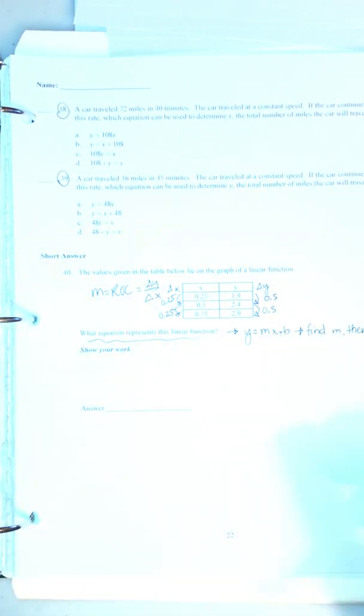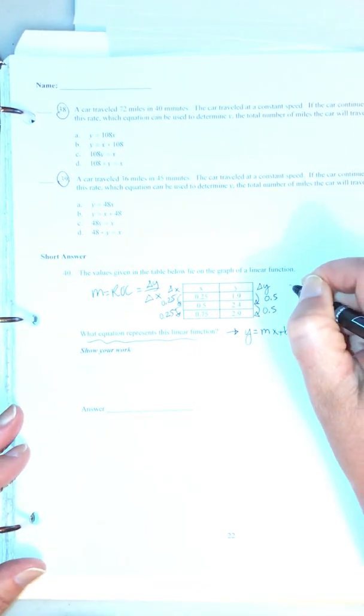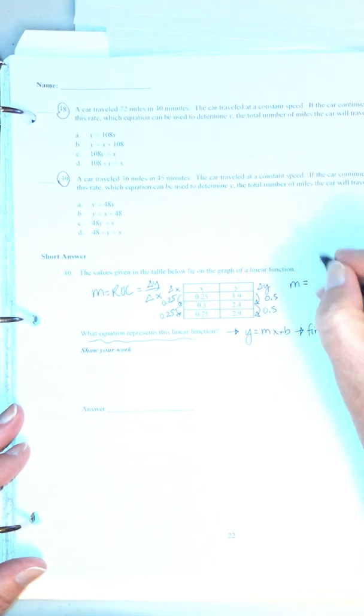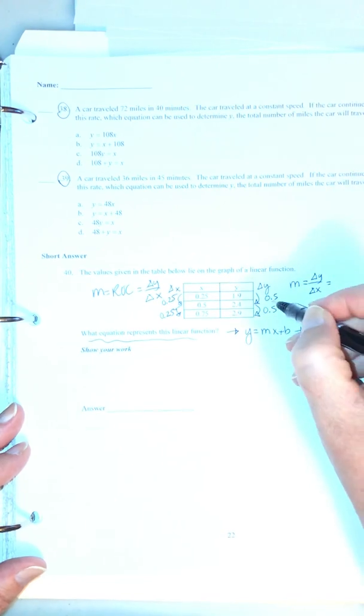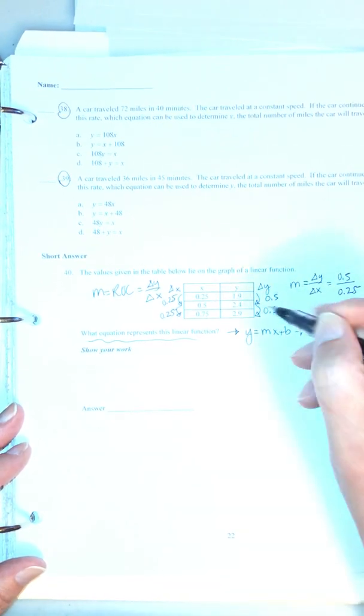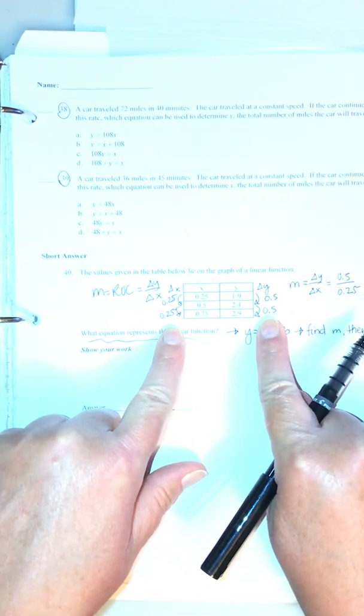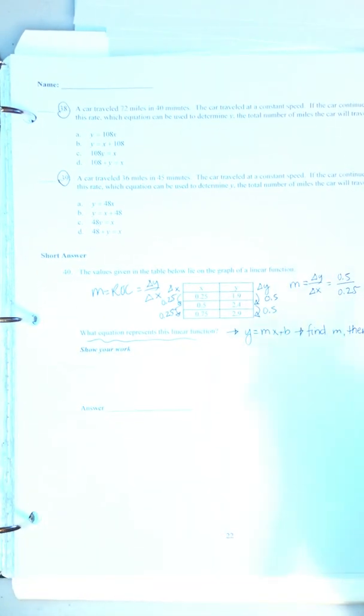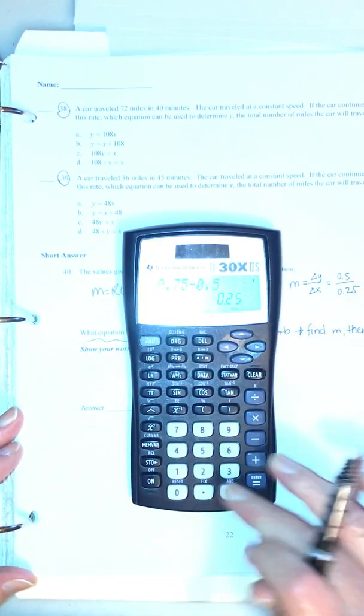All right, so we need to find our m, our rate of change. m is equal to delta y divided by delta x. So my first one was 0.5 divided by 0.25. And you can see that I'm going to get the same ratio again, 0.5 divided by 0.25. And that means I only have to do this once.